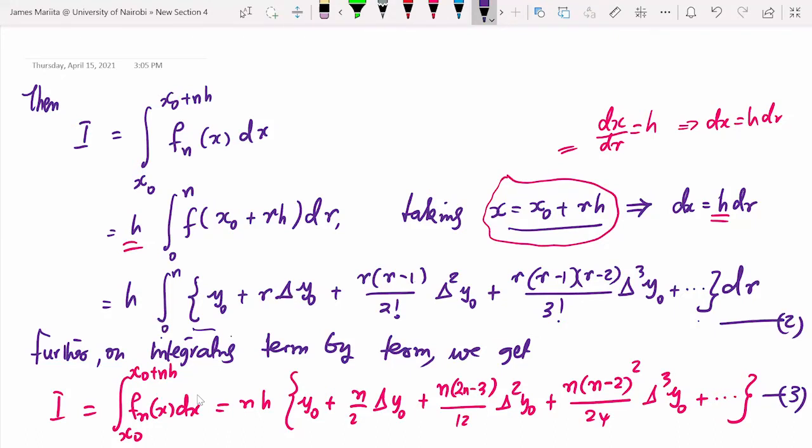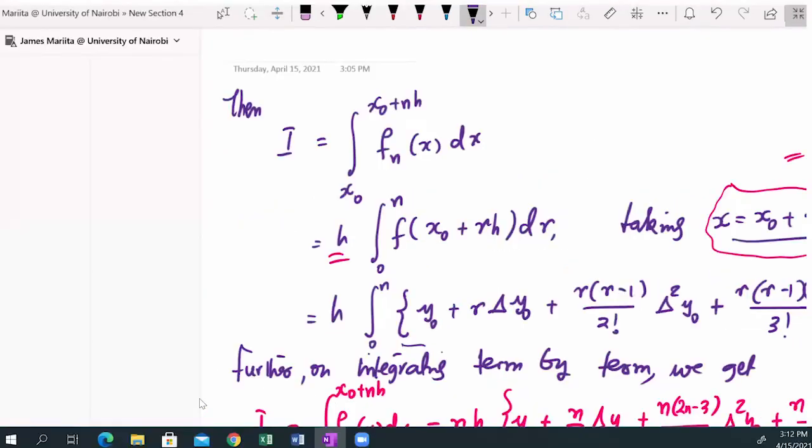So let's see straight away something about the trapezoidal rule. Or before that, we should note this. Let me note something here.